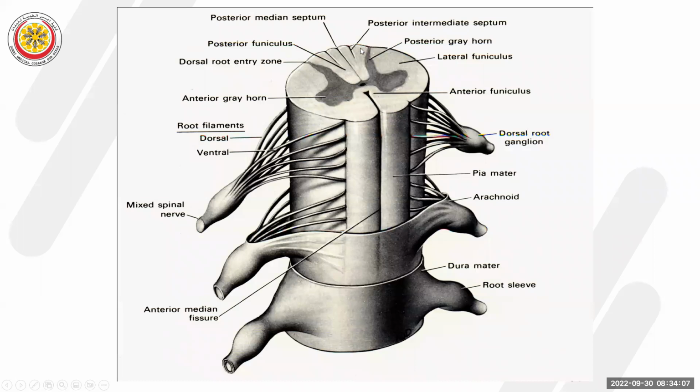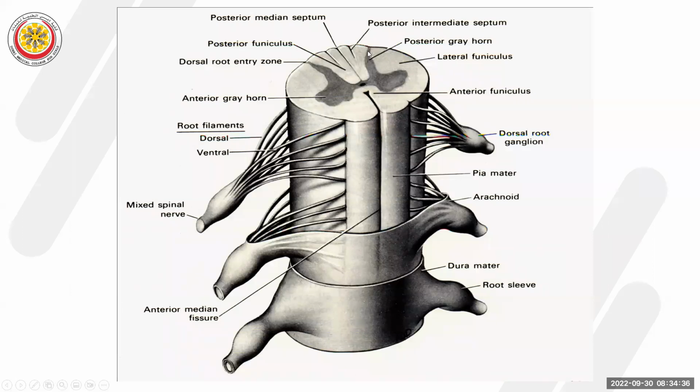Why do we have the intermediate sulcus? Because we have a posterior funiculus or column, and it is subdivided into fasciculi. Funiculus is a column, fasciculus is a bundle. So the dorsal column or funiculus is further subdivided into fasciculi, the cuneate and the gracile, the cuneate fasciculus and the gracile fasciculus.